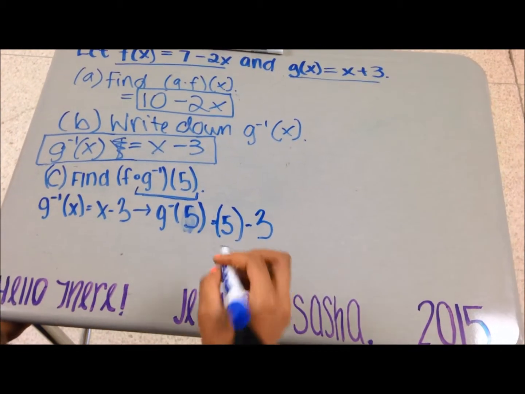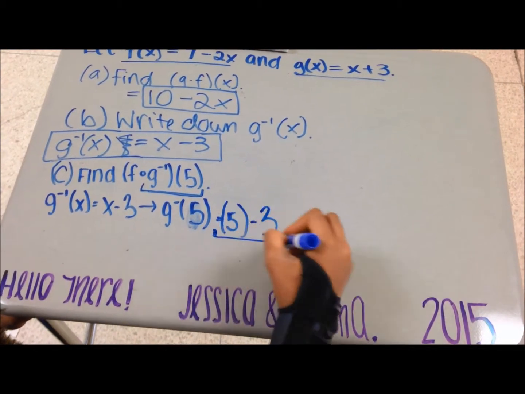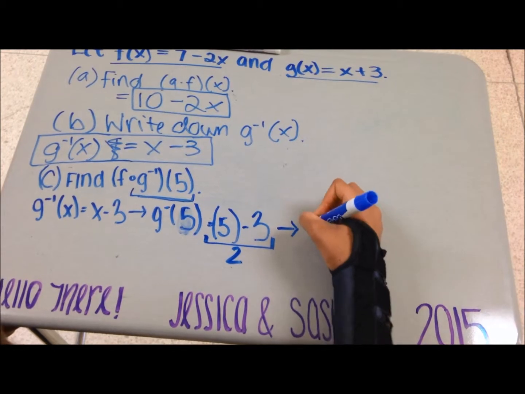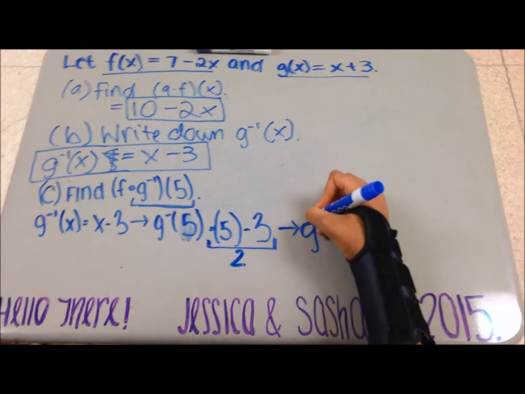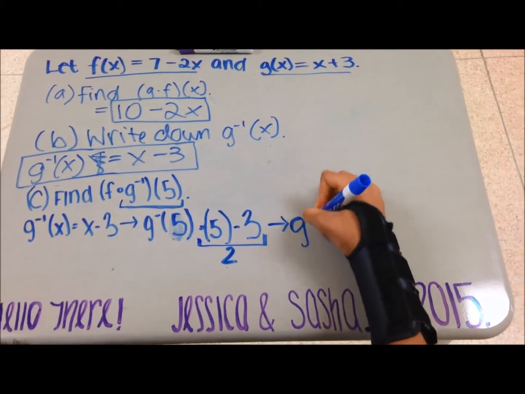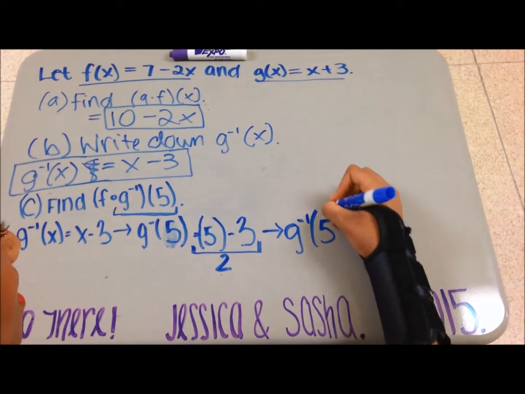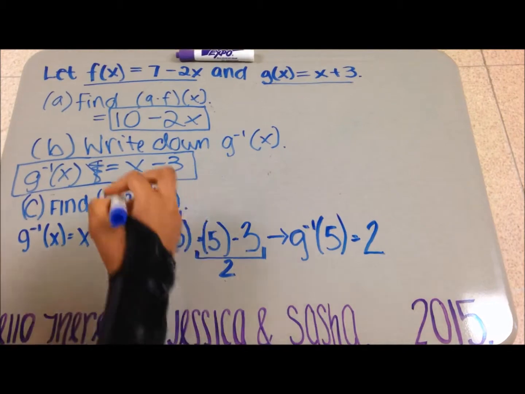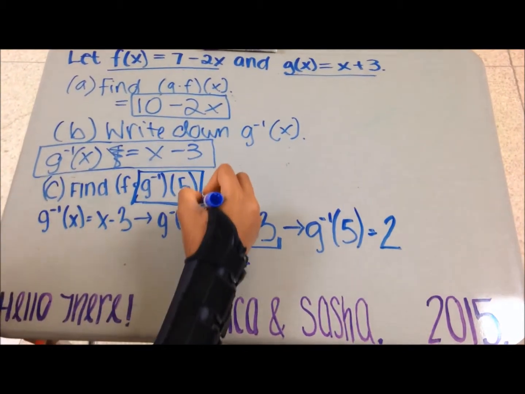After doing the math, 5 minus 3 equals 2. So the inverse of g of 5 equals 2, which gives us the answer for this portion.